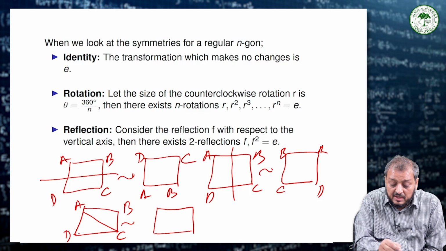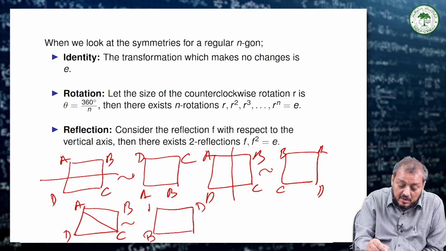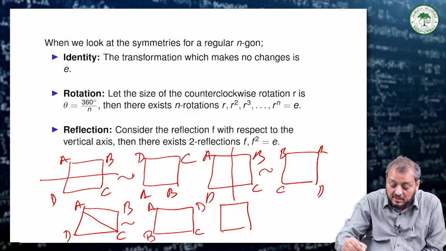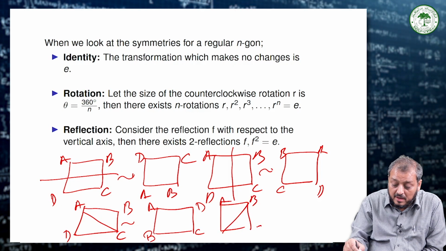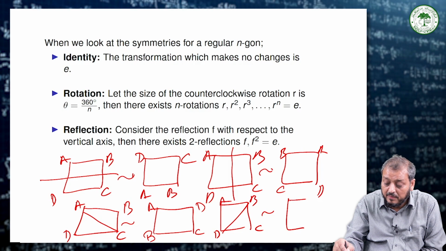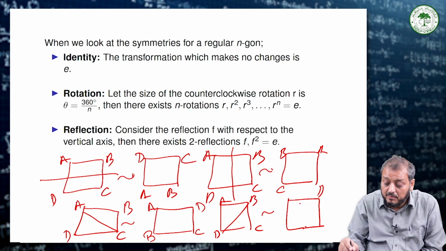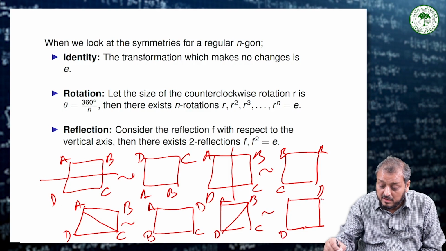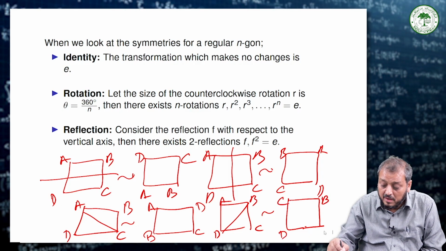So we have B, D and A and C. Then another reflection is about the other diagonal, number 2. So we have A, B, C, D, and it looks like this again in this form, where we have D, B and C, and A.